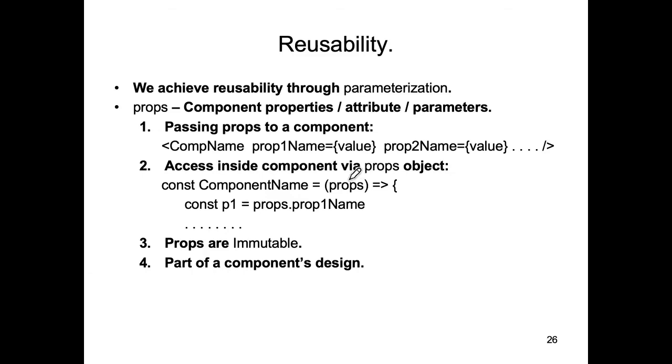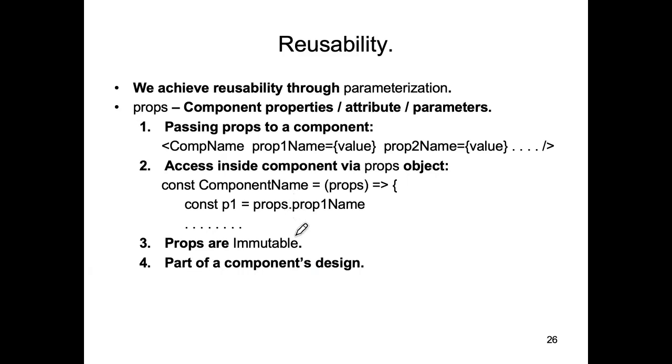So props is an object with key value pairs, and you just dereference that object in the normal JavaScript way: props dot prop name, where this has to correspond to one of these, obviously. Then you do whatever you want with the property. You may do some computation with it, or you may embed it straight into the JSX. Usually you do some sort of computation.